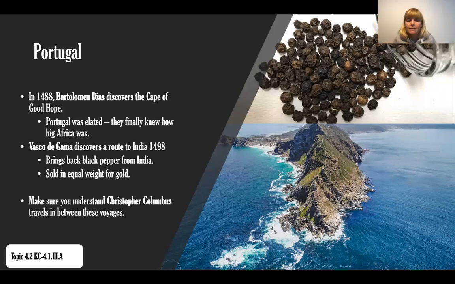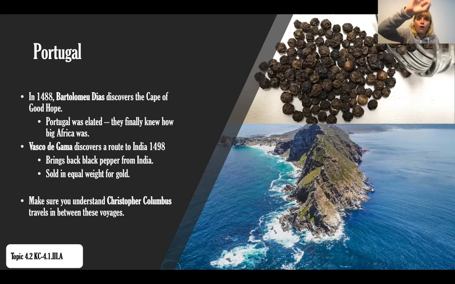So again, Portugal's pumped. They finally know how big Africa is. All of those explorers that for decades were sailing along the coast of Western Africa were also mapping it. So now Portugal's the only nation in the world that knows about the coast of Western Africa, and it pretty much also knows how big Africa is.